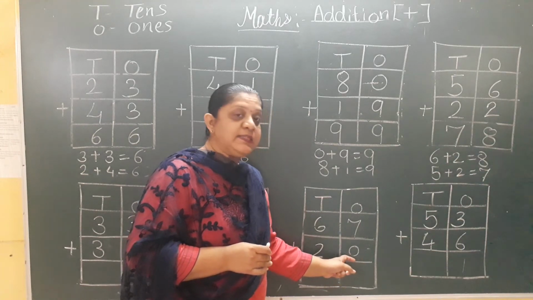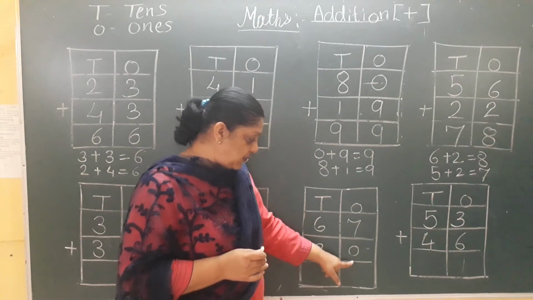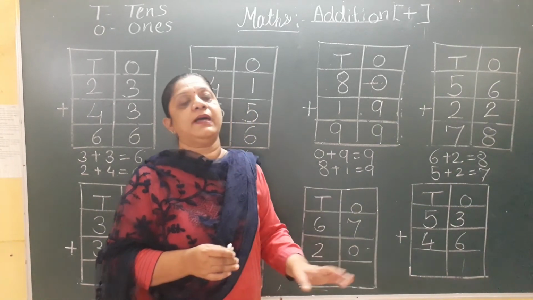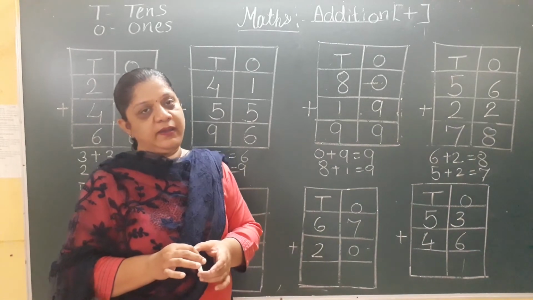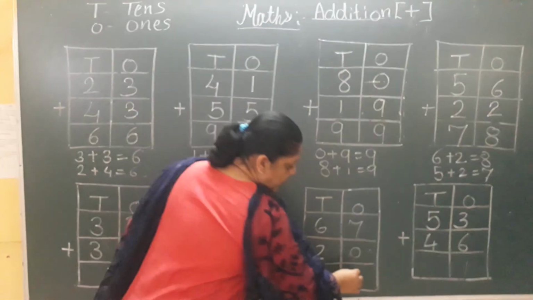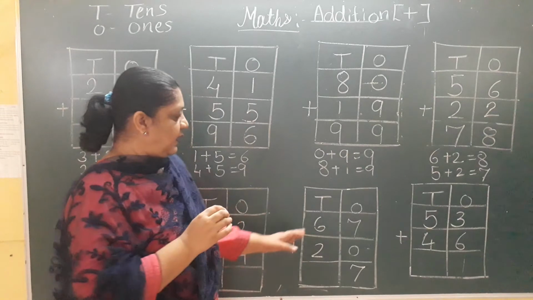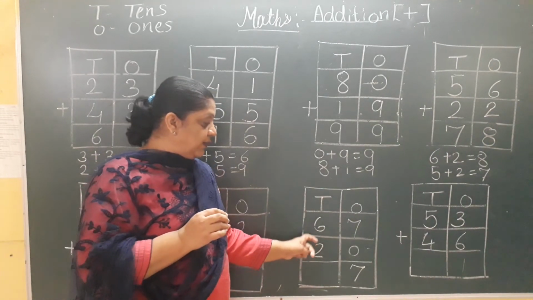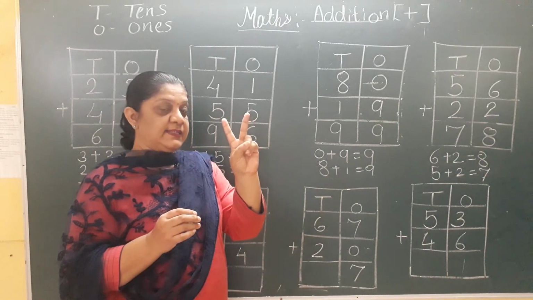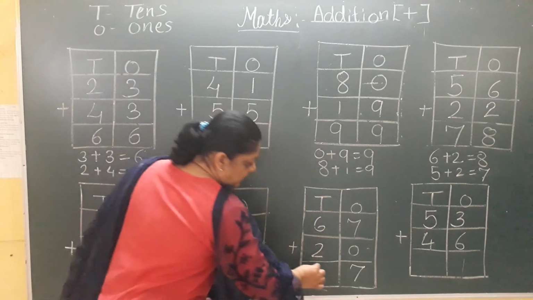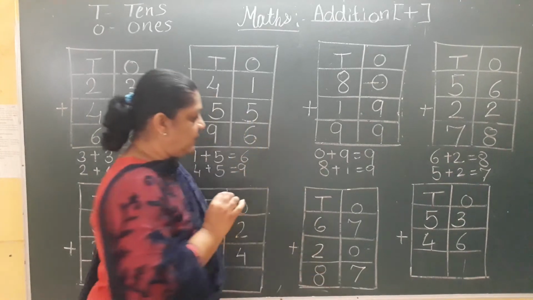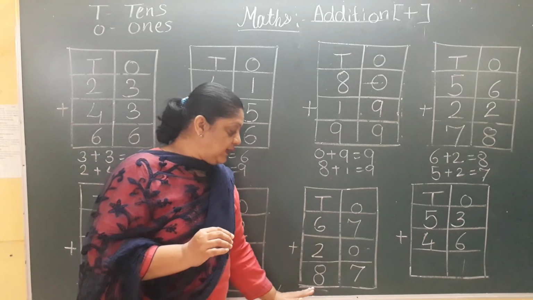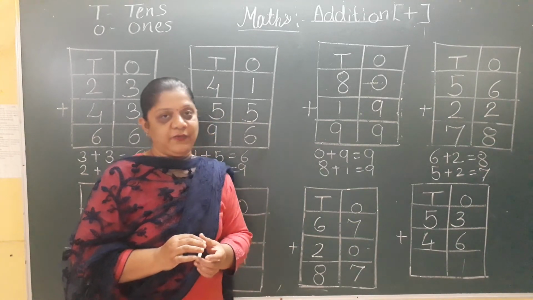When we add 0 to a number, we get the same number as the answer. 7 plus 0, 7 only. And 6 plus 2, you just count 2 fingers after 6: 7, 8. Then our answer is 87. 67 plus 20 is equal to 87.